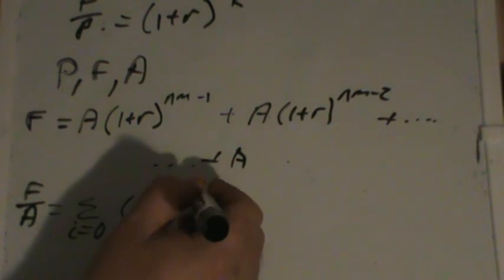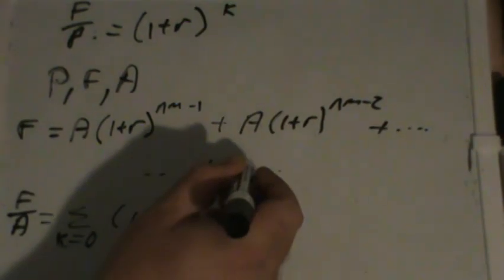Maybe I should do k instead of i, so we don't think of it as interest. If I take (1 + r)^0, I get 1, which is the term that's multiplying here. And then this has to run all the way up to my largest term, which is nm minus 1. So I have this lovely summation here.